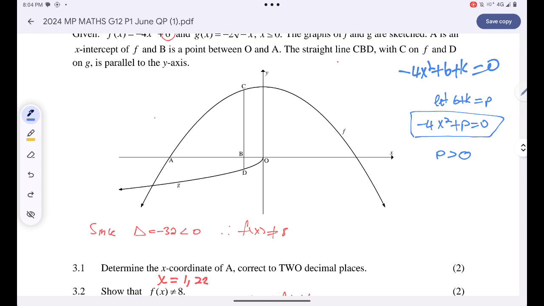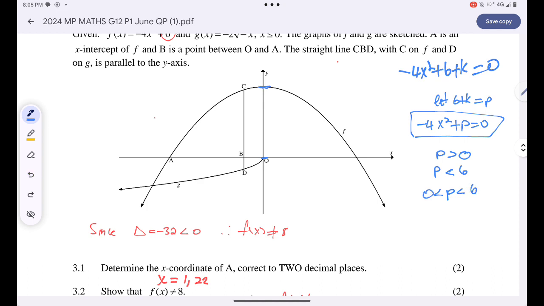Are you together? At the same time, that particular y-intercept should be less than 6. So basically, my y-intercept should be between this point and that point. What is my y-intercept? My y-intercept is p. p should be between 0 and 6.